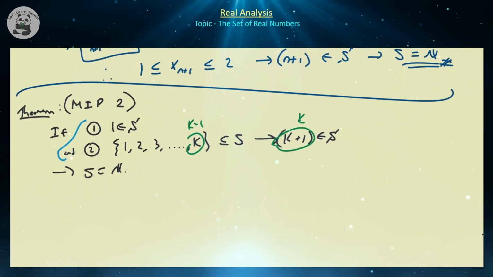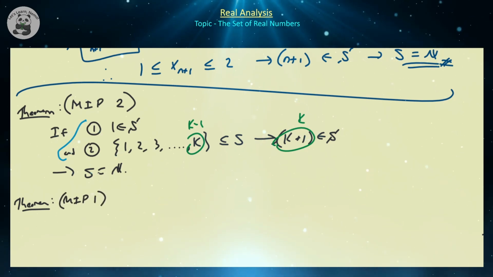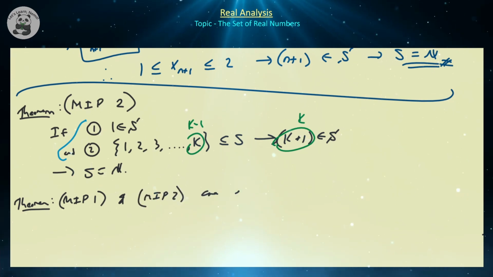And one can also show, and this is practically what allows me to do this little trick in the first place, is that the mathematical induction principle 1 and mathematical induction principle 2 are equivalent, right? So if you can prove one, you can prove the other, and vice versa. You lose nothing or gain nothing from using one over the other, aside from maybe convenience in a particular proof.